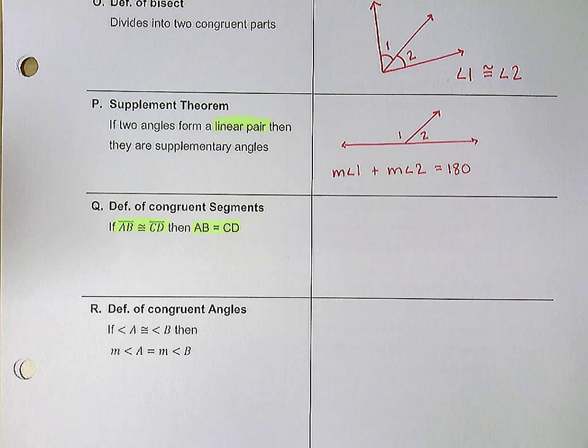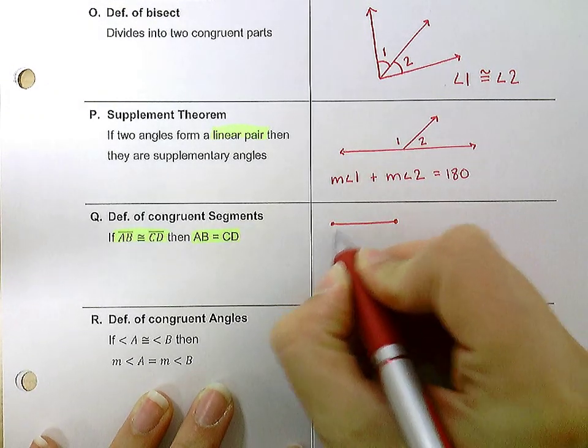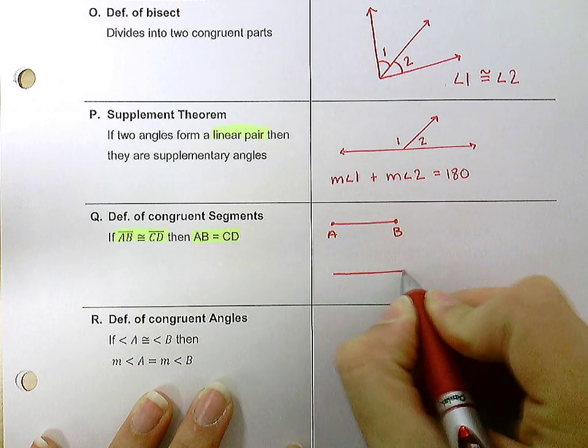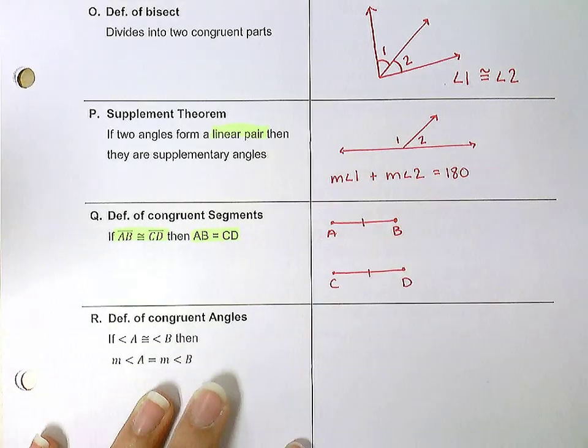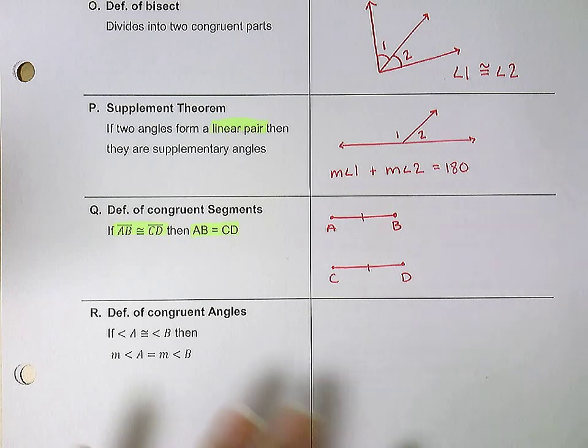So here if I have my segment AB and my segment CD, and I know those are congruent, I can switch to equal measures. I can go from congruent segments to equal measures.